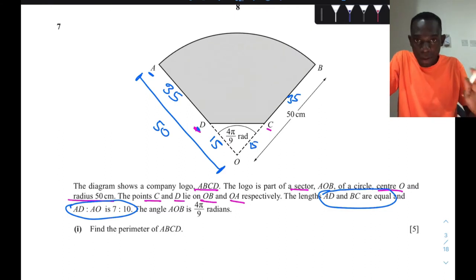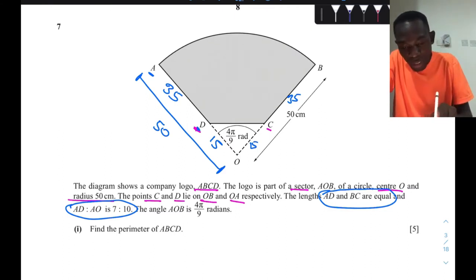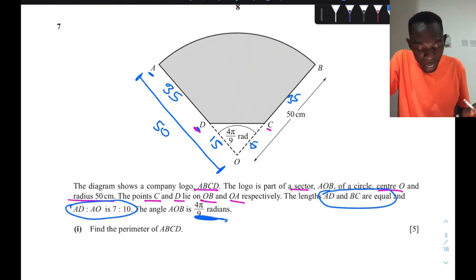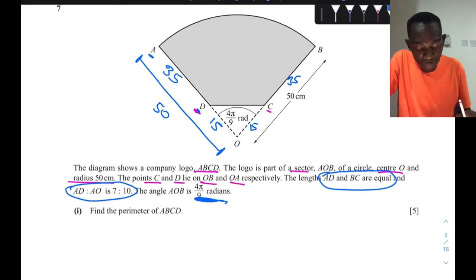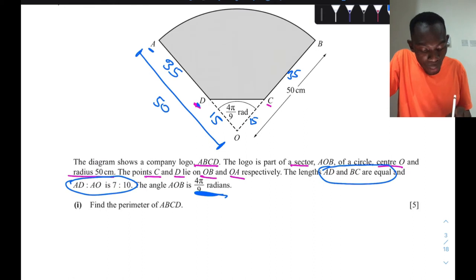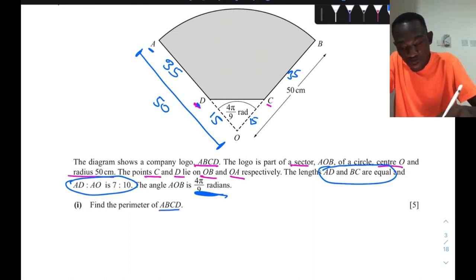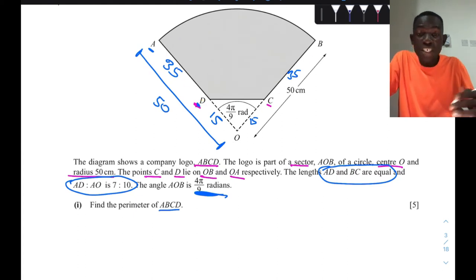Okay? All right. Then the next thing that they gave us is the angle. They said that the angle is 4 pi on 9. Great. What do they want? They want us to find the perimeter of ABCD. So that means we are going A to B to C to D. It is the perimeter of the shaded region. That's what they want.